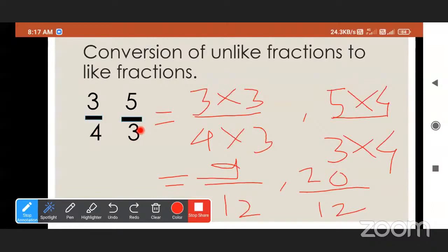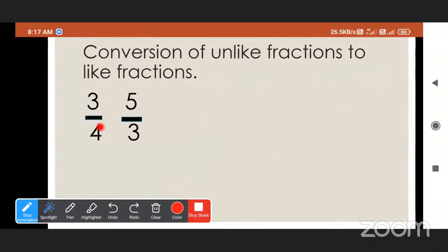We multiply 3 and 4 by 3, and the second fraction is multiplied by the denominator of the first fraction. 5 multiplied by 4 and 3 multiplied by 4. So we get 9 upon 12 and 20 upon 12. That is a like fraction.